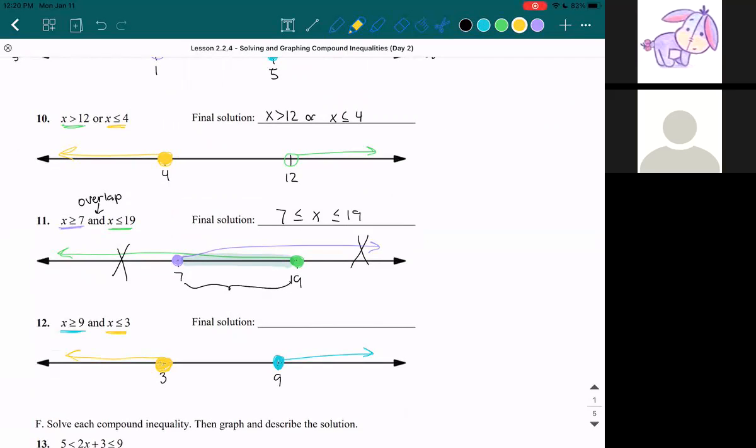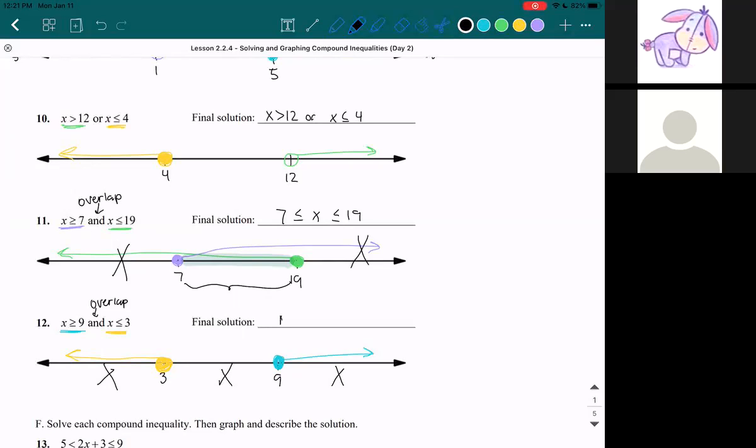All right, now remember, for the word and, you want to look for overlap. Okay, I don't have any parts that overlap. This part is only yellow. It's not an overlap. This part has nothing at all. It's not an overlap. This part only has blue, not an overlap. You want something that has blue and yellow at the same time, and I don't see it anywhere.